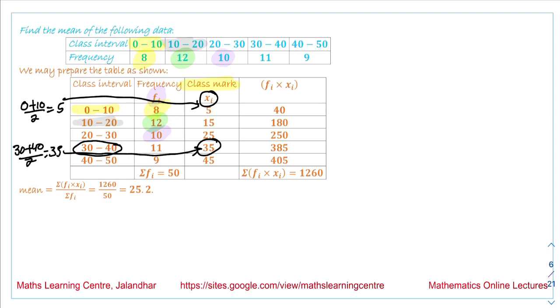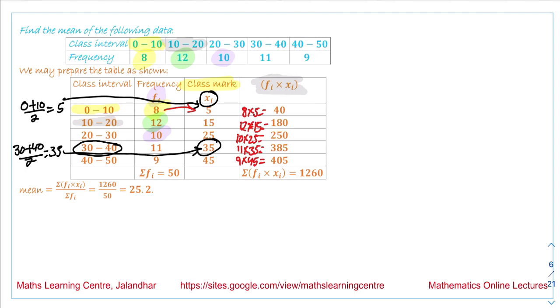Next we have to calculate sigma fi into xi. Sigma fi into xi means 8 into 5, then 12 into 15, then 10 into 25, then 11 into 35, and then 9 into 45, and we obtain these answers.